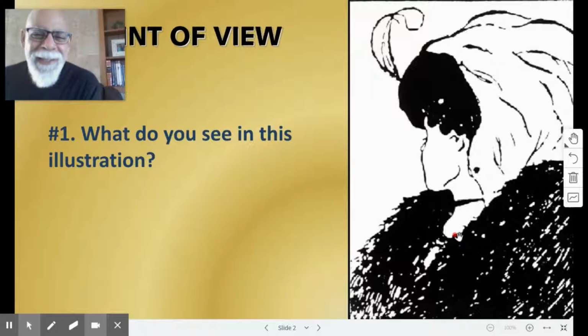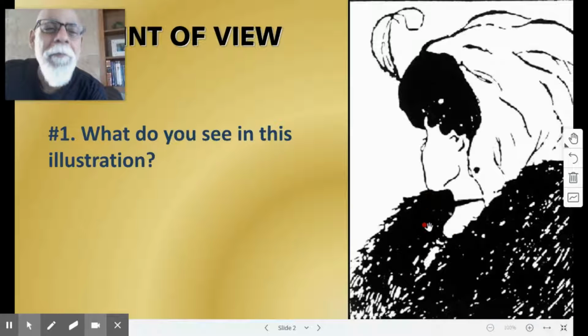But it's interesting how you're seeing two different things. So nobody else sees anything else? Because through the years I have shown this illustration to students, and it's mind-boggling when it comes to the amount of different things that they see. Does anybody here see a bald eagle?